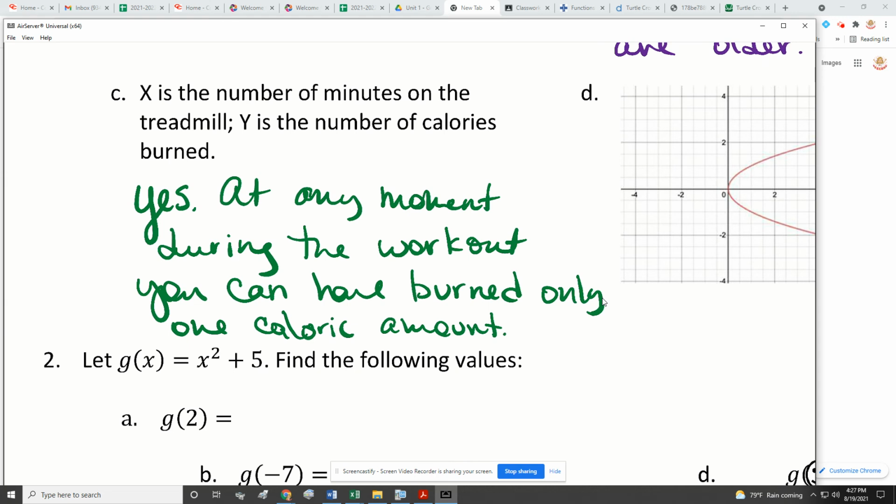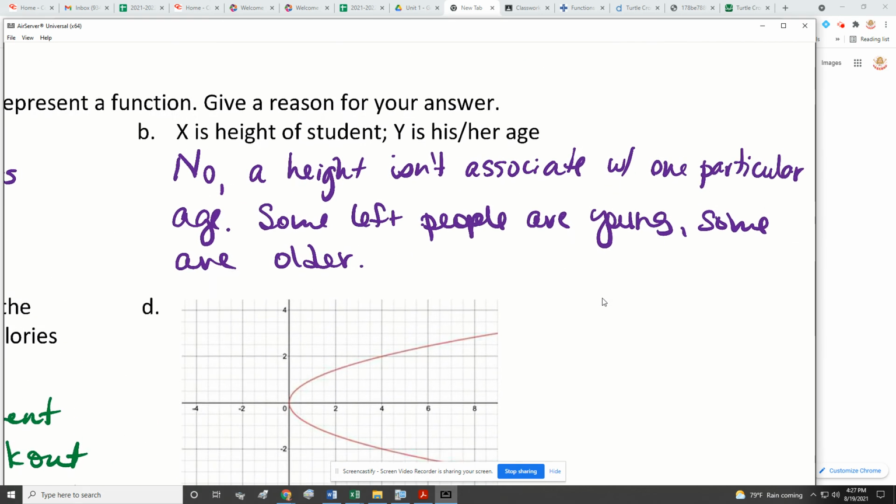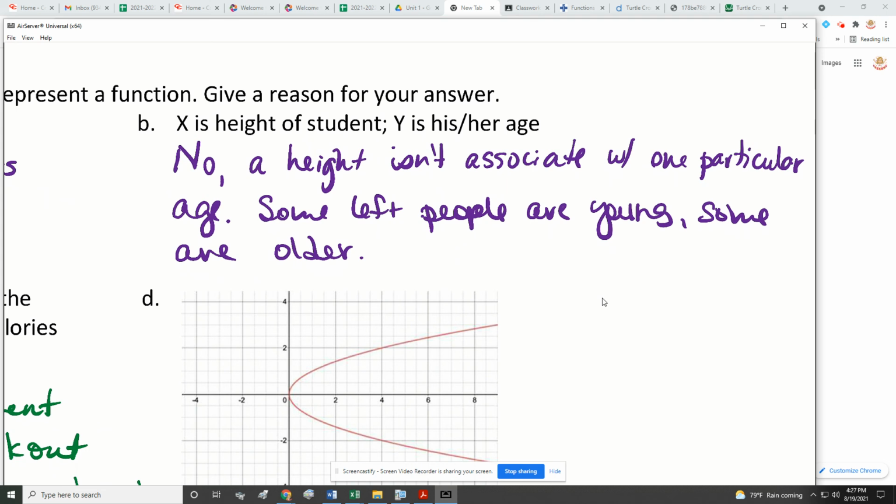I'm going to go back up and talk about B again because I felt like I didn't explain that well. We can think about it like one outfit. So one 15-year-old can be 6 feet tall. One 15-year-old could be 5'9". So an age can have multiple outputs.